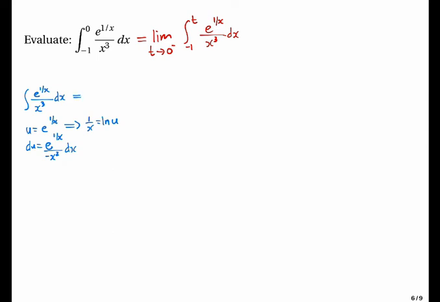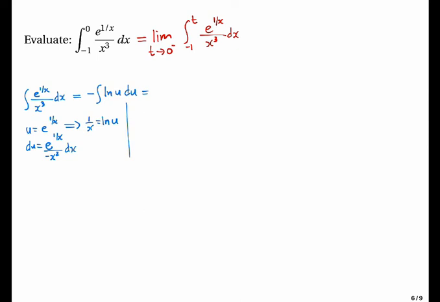So this guy here can now be written as negative integral of ln of u du. And therefore, if you remember the integral of this, you can write it immediately. If not, let's just integrate this again. So integration by parts.